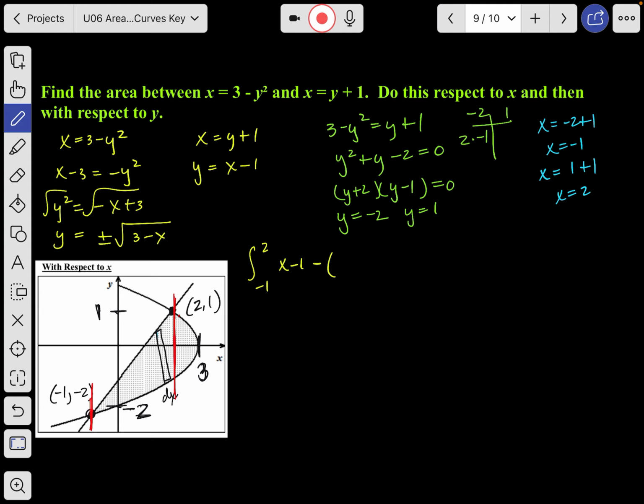And let's see, this is going to be the negative quadratic. And then I'm going to add it to the integral from 2 to 3. This time the positive quadratic minus the negative quadratic.